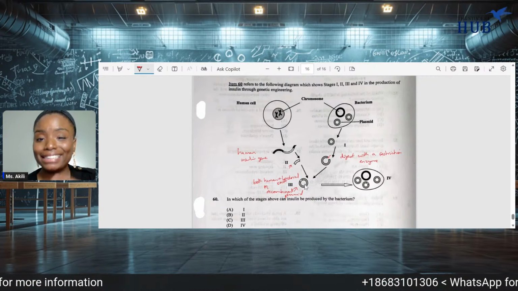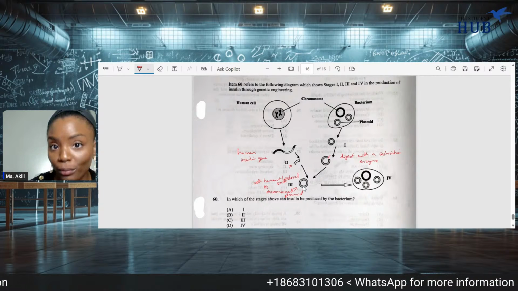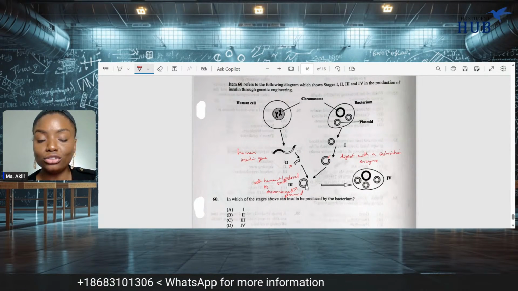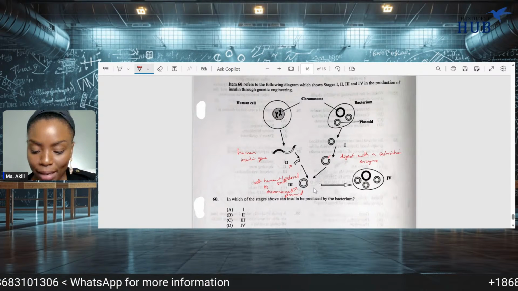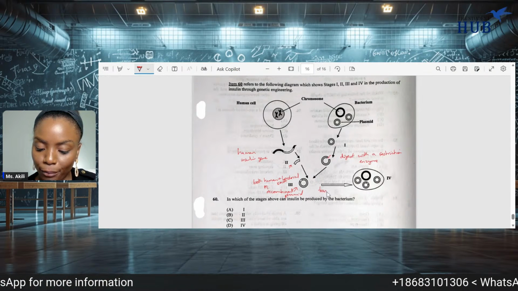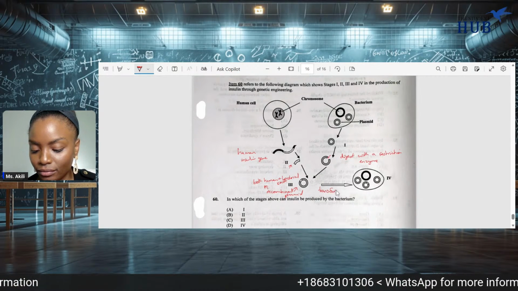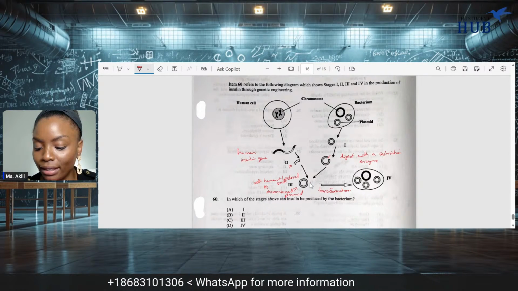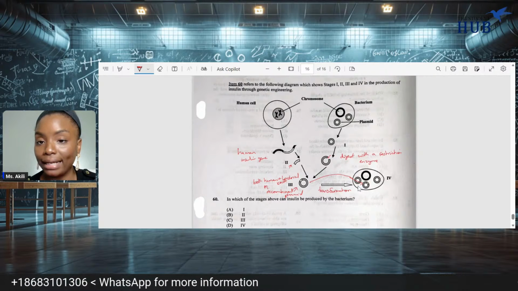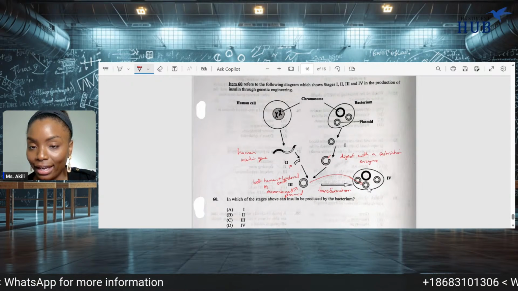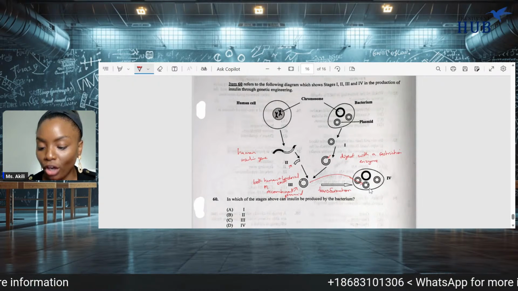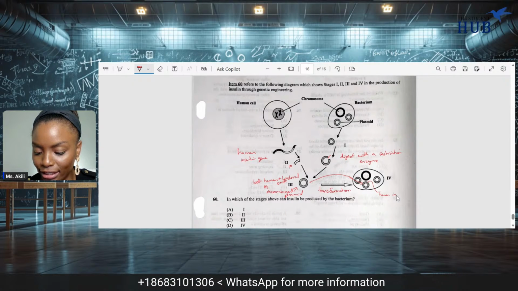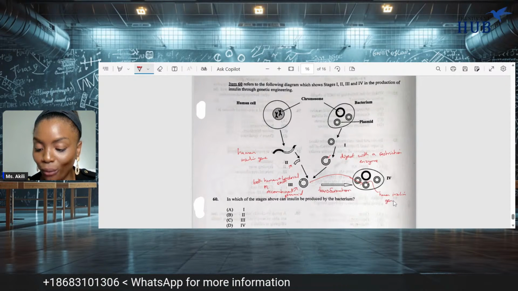So now we have the bacterial plasmid with the human insulin gene inserted. Then we need to get this recombinant plasmid back into the bacterium, and that is done via a process called transformation. There are different ways to do that, but the goal is to get the plasmid back into the bacterium.